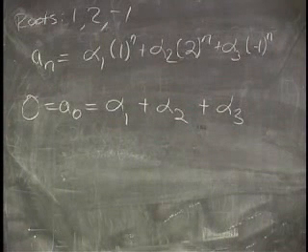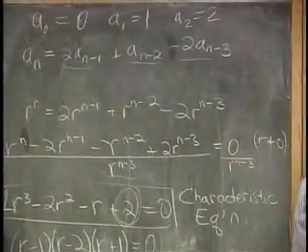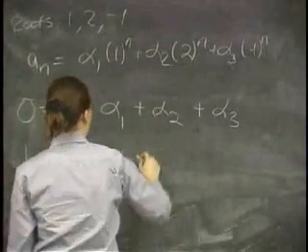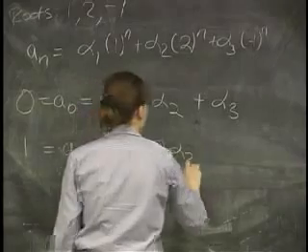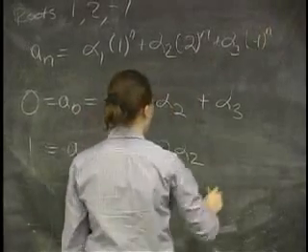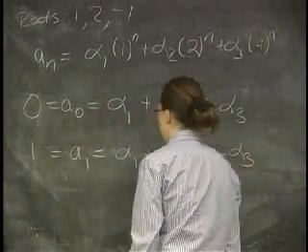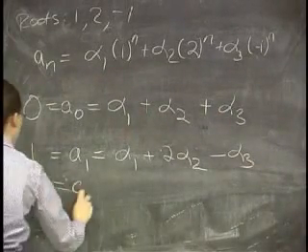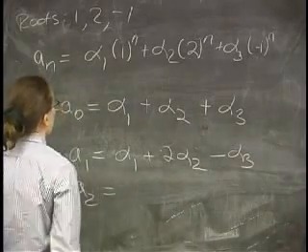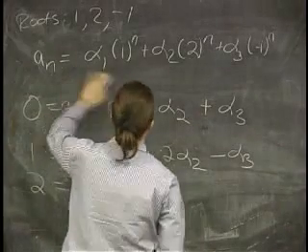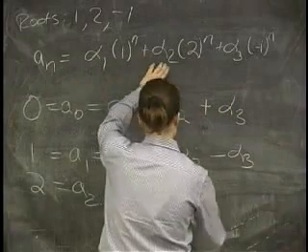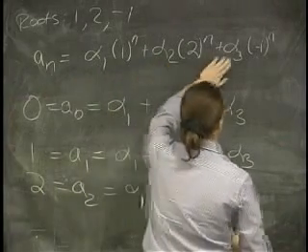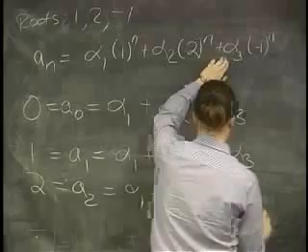Our next equation says, let's figure out what a1 is. 1 to the 1 is just 1, 2 to the 1 is 2, so I get 2 alpha 2, and minus 1 to the 1 is minus 1, so I get minus alpha 3. And lastly, a2 is equal to 2, which is alpha 1 plus 4 alpha 2 plus alpha 3.